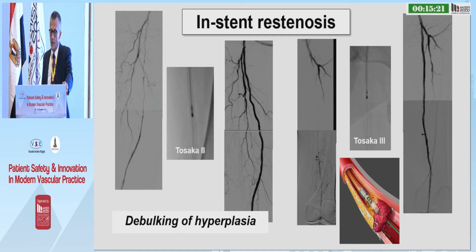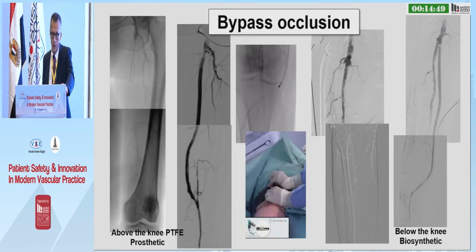For this type of lesion, the best treatment is yet to come, and the most recent papers show that probably the best treatment is debulking combined with a drug delivery system. Debulking removes the thrombotic material and the intimal hyperplasia, improves the drug delivery at the level of the smooth muscle cells, and also avoids embolization in case of a total occlusion.